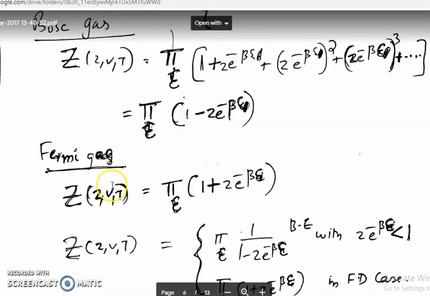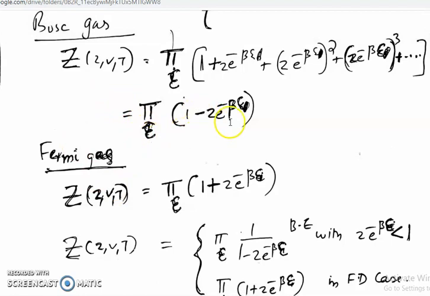Pi epsilon is a product over the different single particle states.